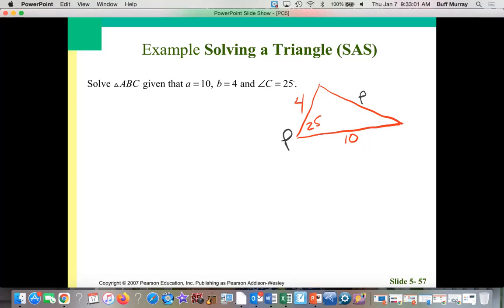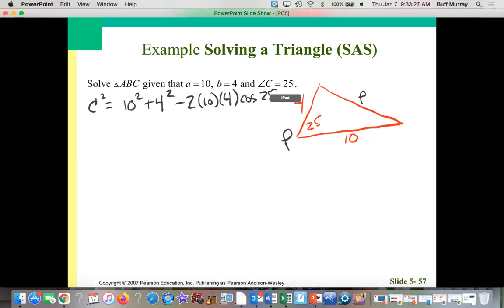All right. So the way I do it, and maybe I'll work through it both ways, and you'll see it. If I write it the way that the authors of the text would maybe have us write it, we'd say c squared equals a squared plus b squared minus 2 times a times b cosine 25.